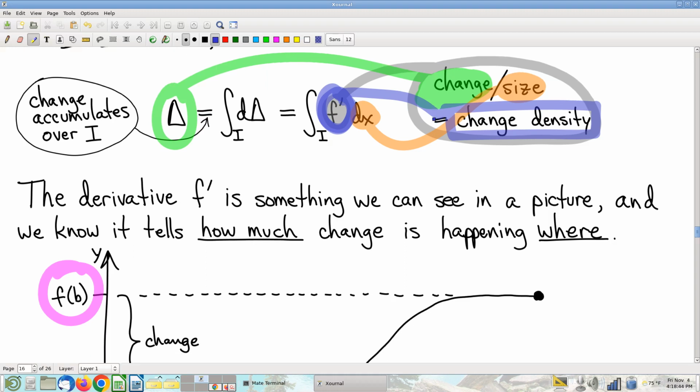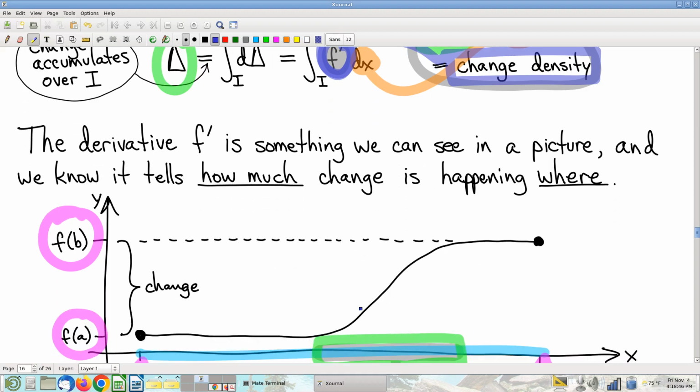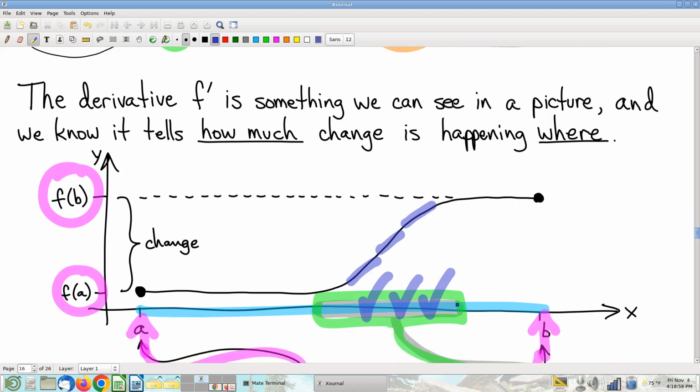And again, this is also old news, right? You can see that f prime is large along in there, indicative of the fact that there's a lot of change happening at these points in the domain. Well, of course it is. It's right there in the picture. Of course you can see it. Look at all the change happening, right? It's an old interpretation of the derivative. f prime's telling you how fast the function's changing.